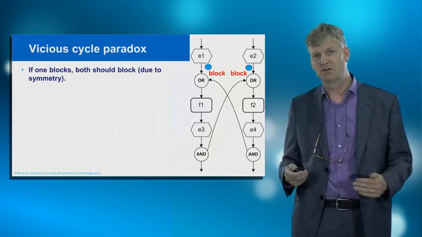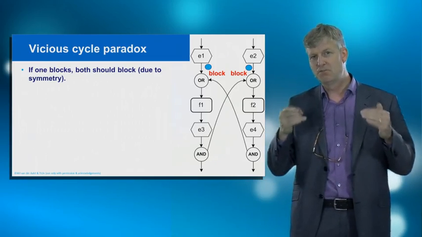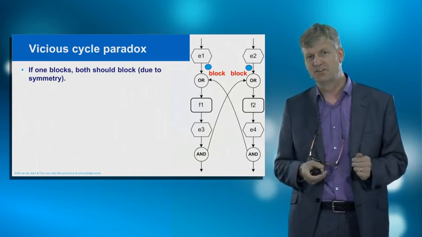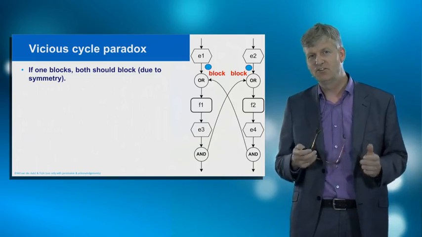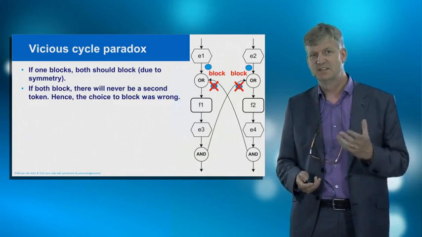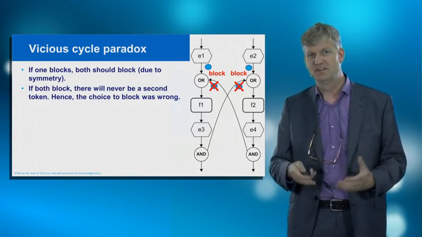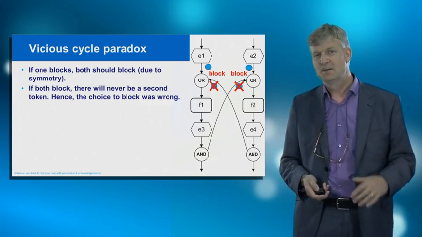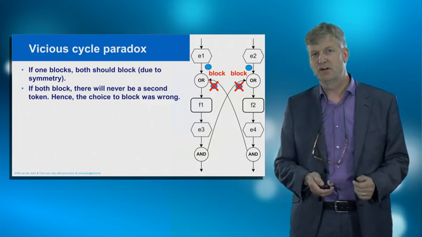So both should block. But if they both block, that means that you will never receive a second signal, so the OR join should not have waited. So you create a contradiction. If you block, you should not have blocked. So okay, blocking is not an option.